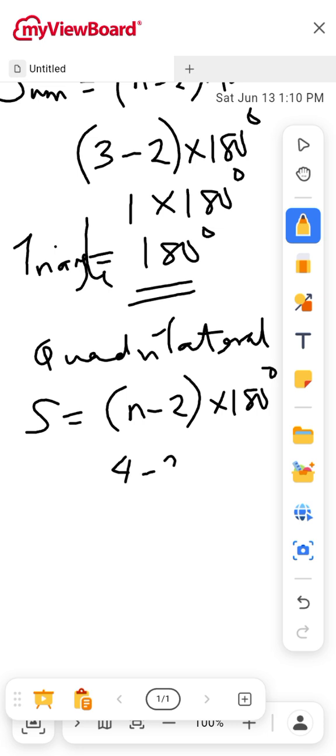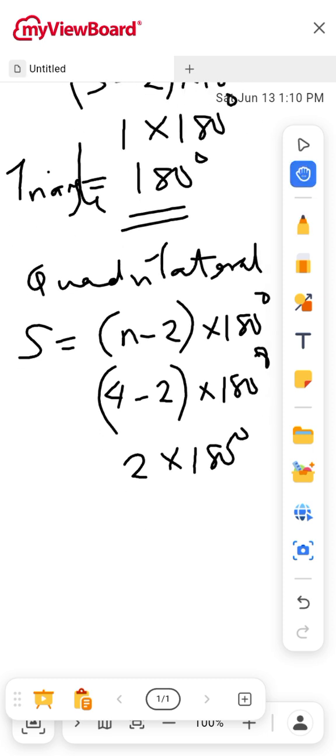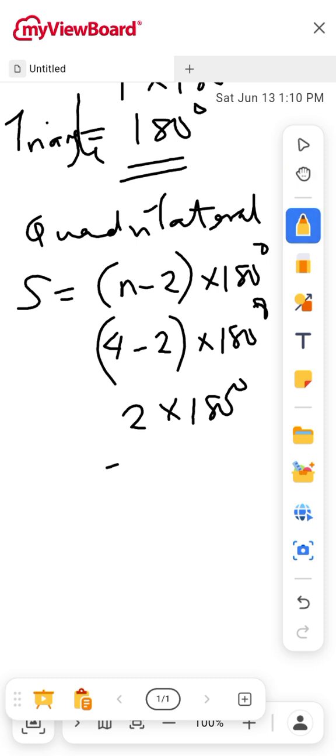That's 4 minus 2 multiplied by 180 degrees. 4 minus 2 is 2, and 2 multiplied by 180 degrees gives us 360 degrees. That is where the generalization comes from that the sum of angles in a rectangle, a square, and a trapezium, which are quadrilaterals, is 360.